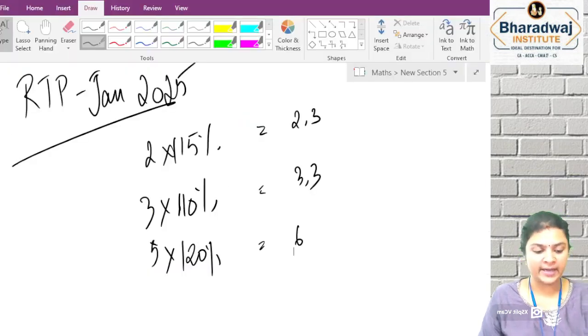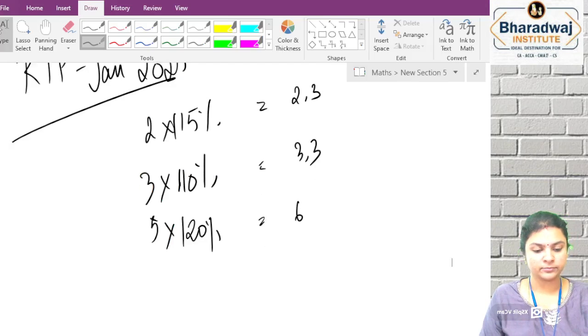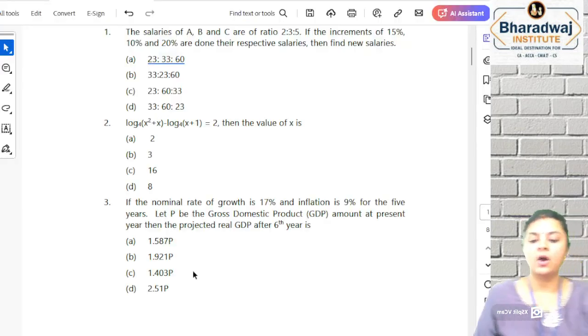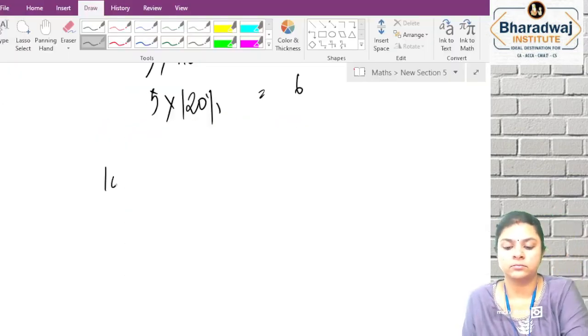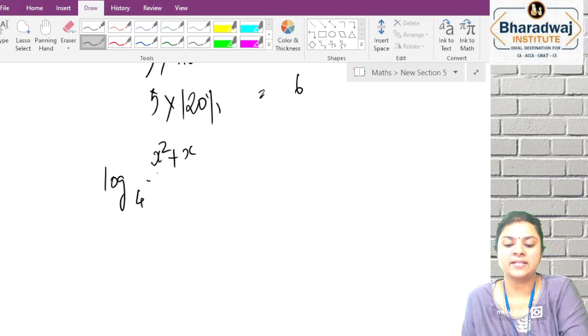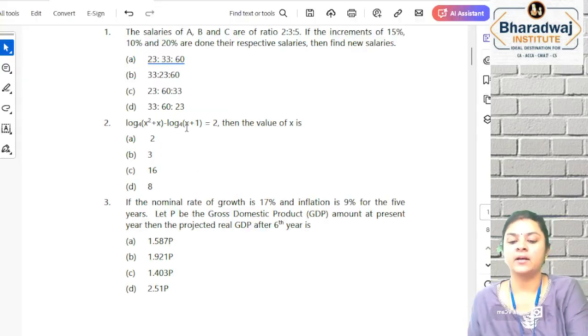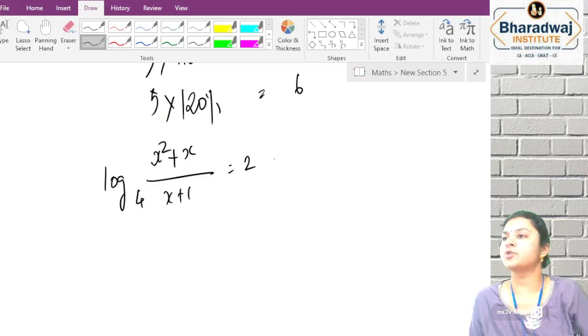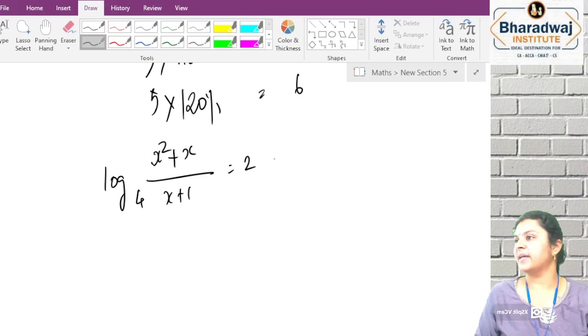So, I can take it as log of x square plus x divided by x plus 1 equals 2. Then the value of x is.